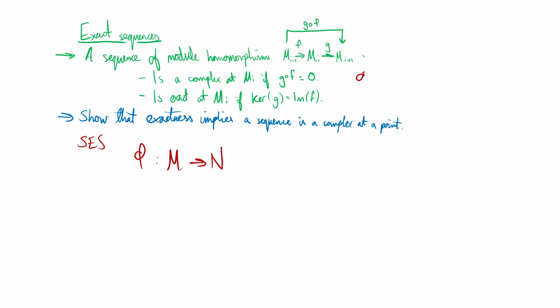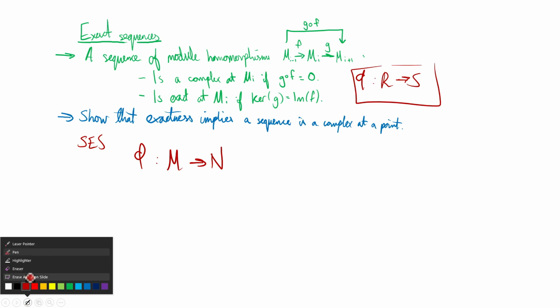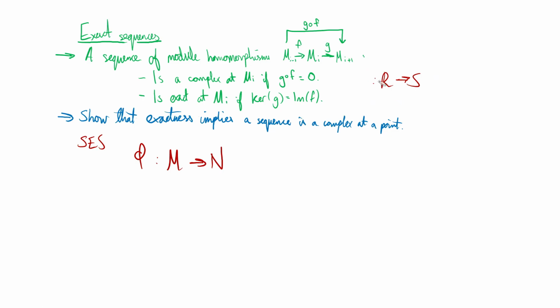A ring homomorphism is a special case of a module homomorphism because we have shown that an algebra is a module, and this is an algebra when we're talking about commutative algebra.